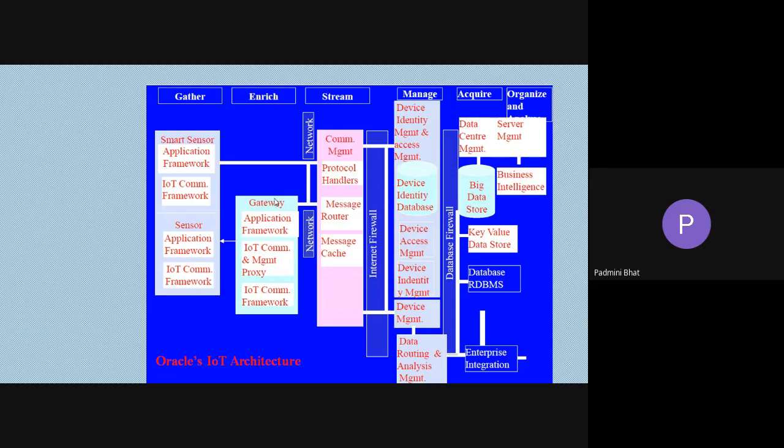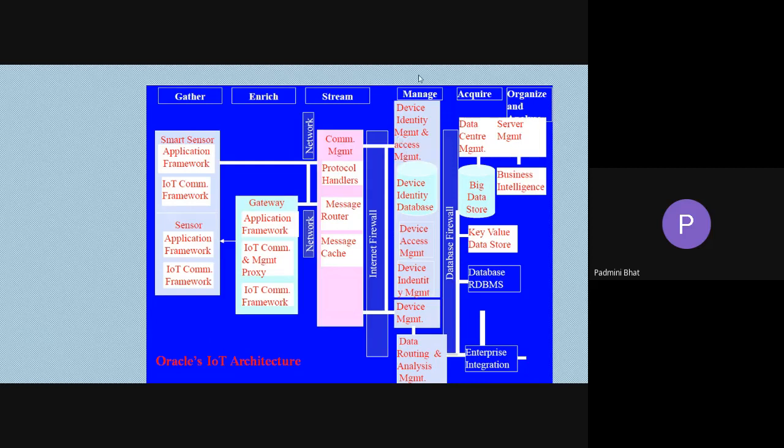From this layer the data has to reach through the internet to the next layers. To reach the next layer, which communication protocol, which mode of communication you are using, wireless or wired, and what is the standard, is done accordingly. That is done at the communication management layer.